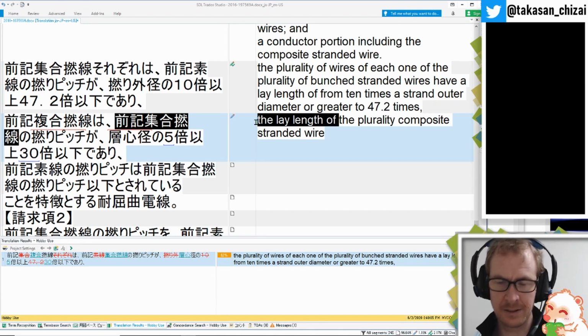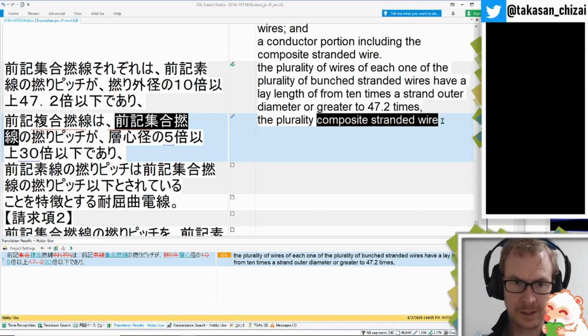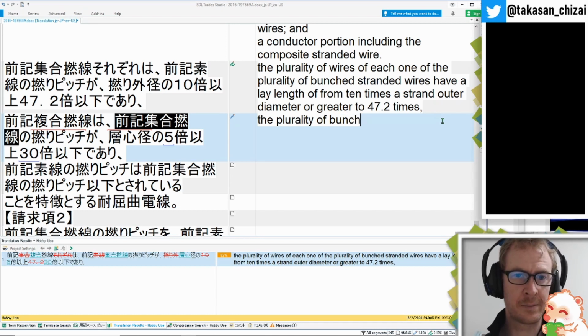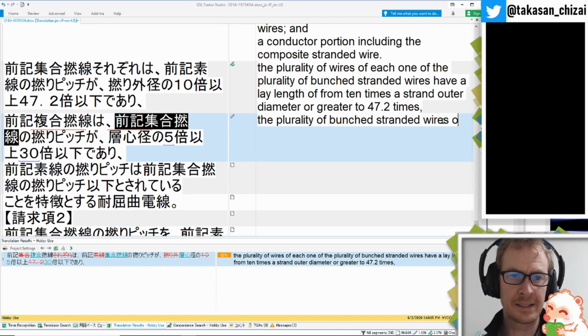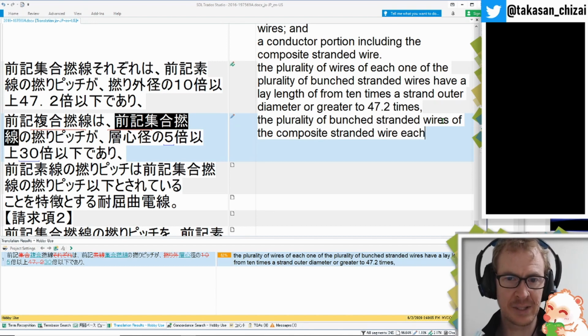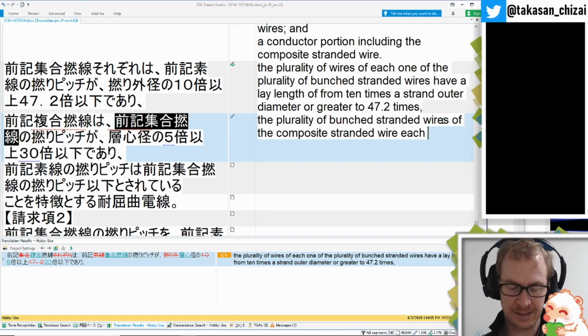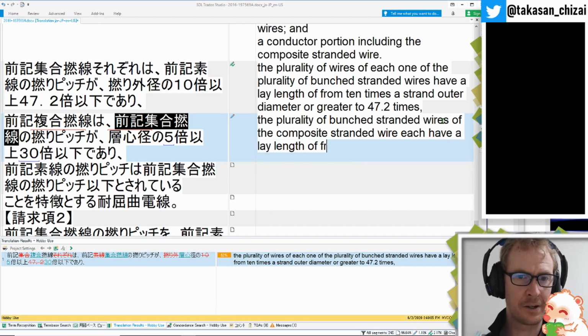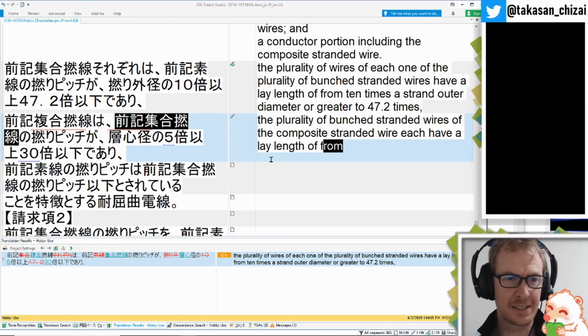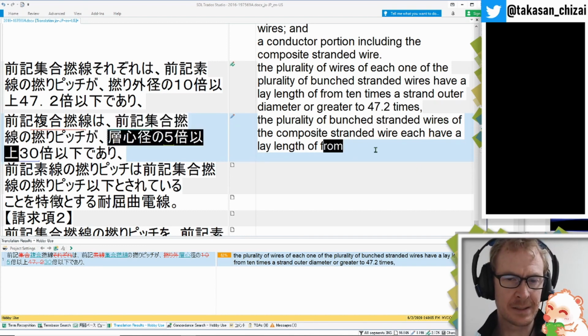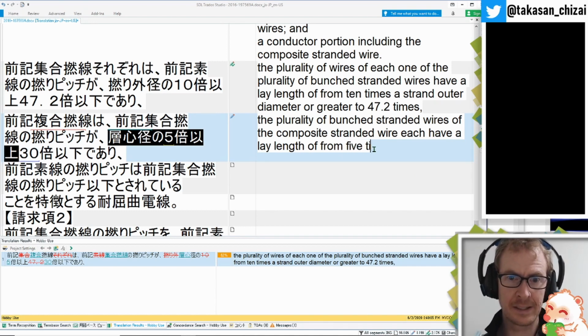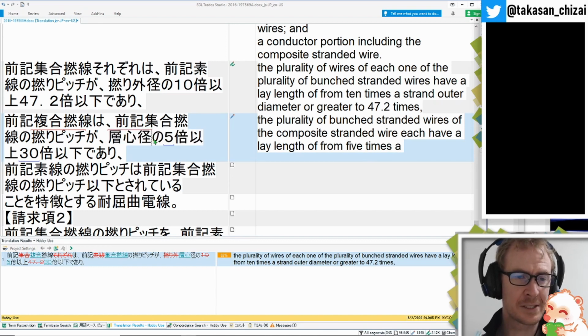So let's go the polarity of bunched stranded wires of the composite stranded wire, each, so we get to focus on one, have a lay length of from, so our range is from this 5 times a... oh, we saw this in the picture, didn't we?